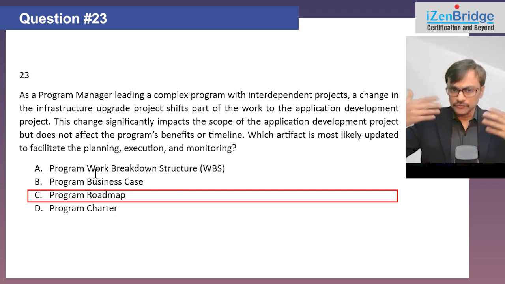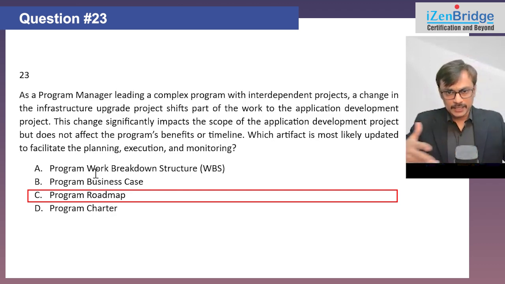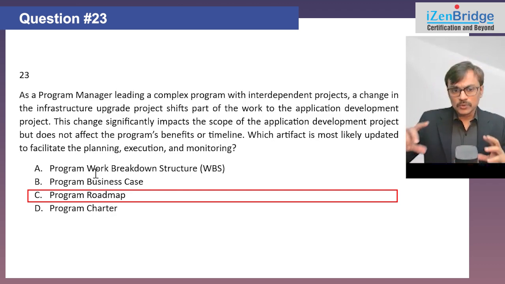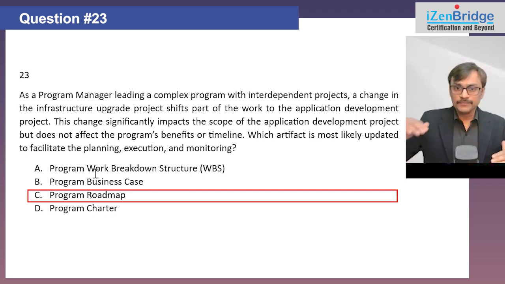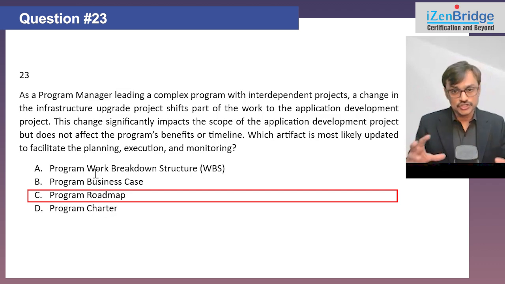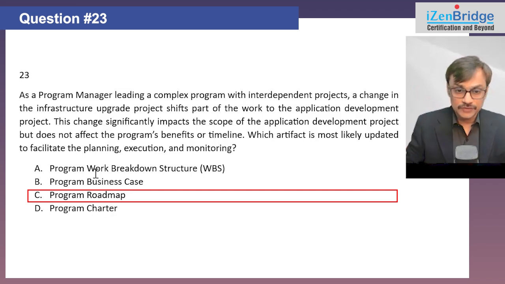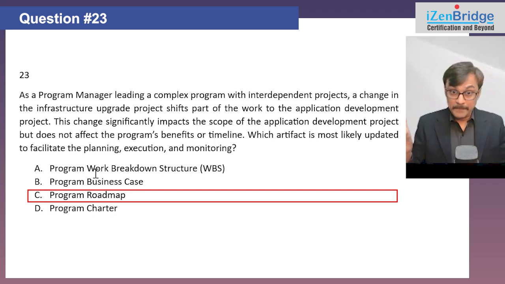Roadmap itself is a tool for showing the alignment and high level communication. So if I have to compare A and C, I will go with A because it's almost certain that A is getting impacted. C might get impacted, and it is very clear that A is helping me to plan, execute, and monitor the work at a program manager level. The program roadmap is more like a stakeholder level tracking tool. So these changes may not go into a detail which requires that much change.